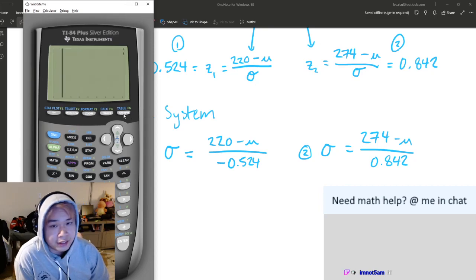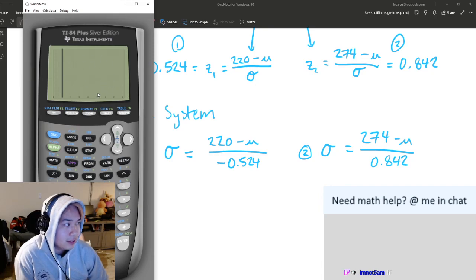So this is the downside, obviously, of doing this by graphing. You have to deal with windows.